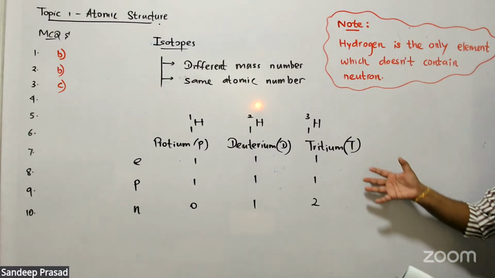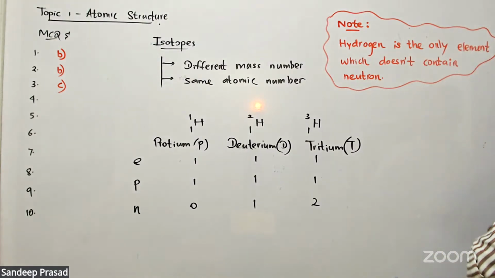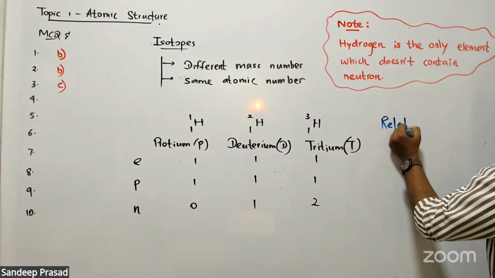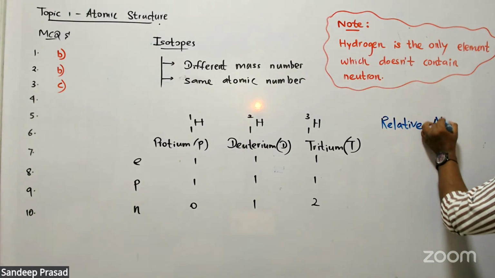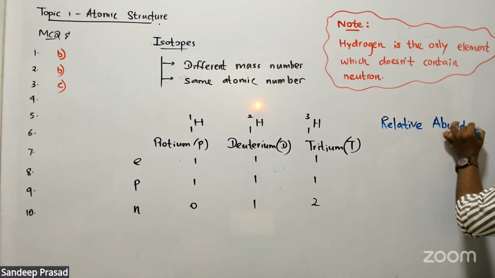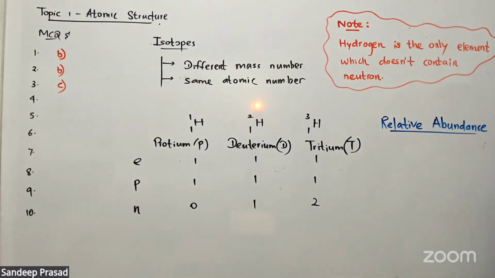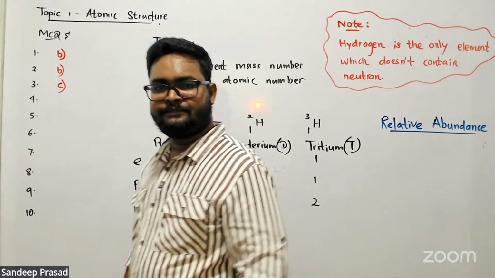Right. So you can see that these are the isotopes. And another thing that you have to know, so this is actually related to our A levels. You didn't learn this one in O levels. This is known as relative abundance. What is it? So what is meant by relative abundance?